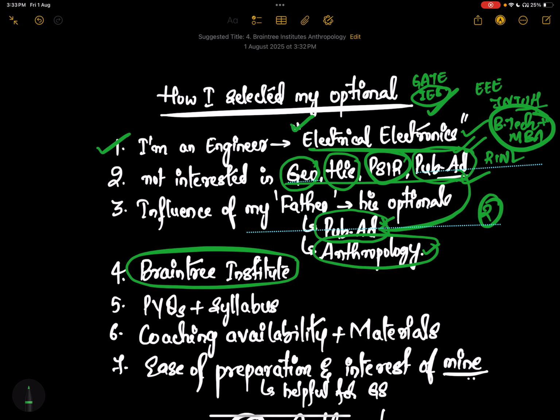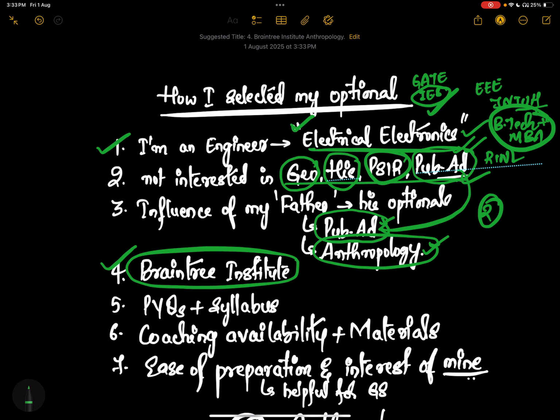Right. So here I felt that okay, let's study anthropology. In sociology too, I felt the syllabus was very vast. It was also an ideal option, but I didn't go for sociology, and people said that anthropology is somewhat good, it is just part of sociology, and you can complete anthropology in 3 to 4 months.